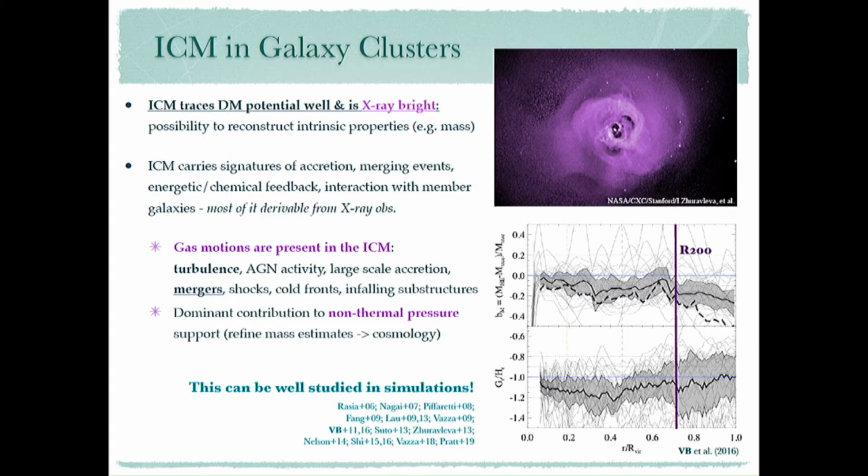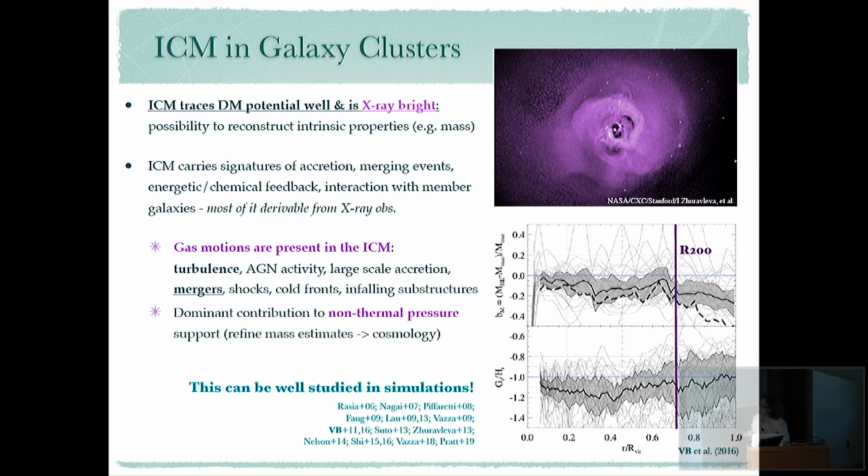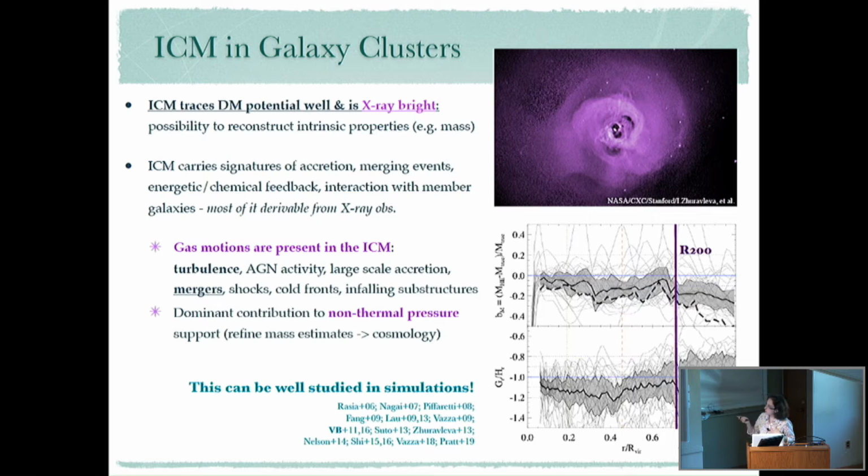And in fact, in this recent work from a few years ago, I show an example where you can do something that is impossible or very difficult with real observations, which is estimating the level of hydrostatic bias in the ICM, looking at the profile of the balance between the gravitational acceleration and the hydrodynamical acceleration on the gas within a simulated cluster.